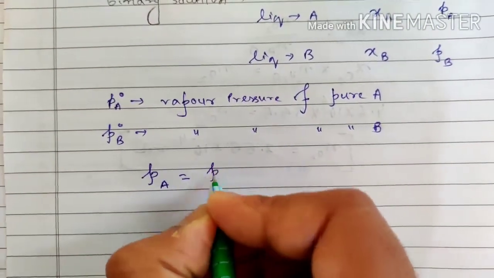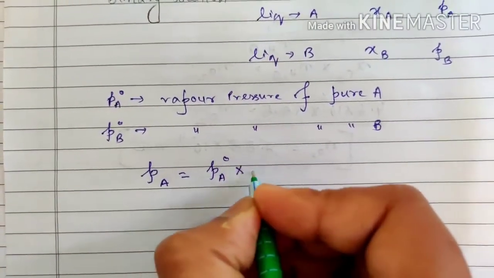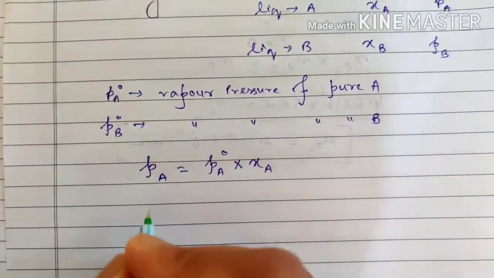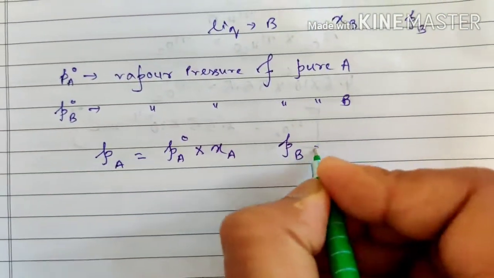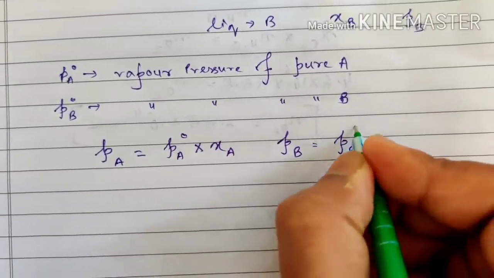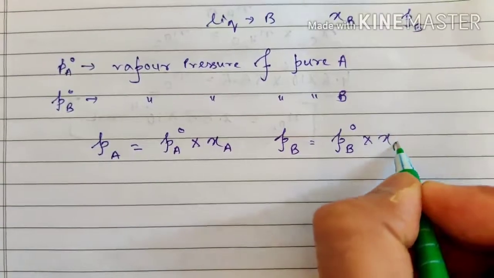So PA equals PA0 into XA. Similarly, PB equals PB0, the vapor pressure of pure B, into XB.